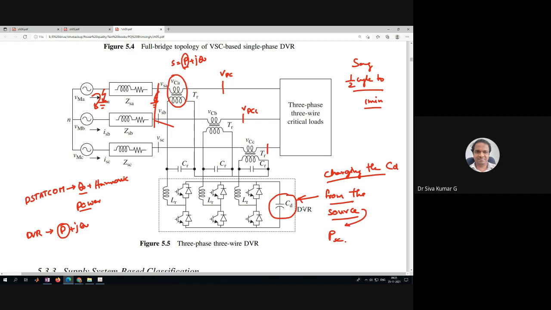Why can it not be? Because the source itself is in a weak condition. In that case, you cannot ensure or influence the source to charge the capacitor again in order to correct the voltage. The source itself is in a weak condition, so we cannot pressurize the source to charge this capacitor to correct the voltage.